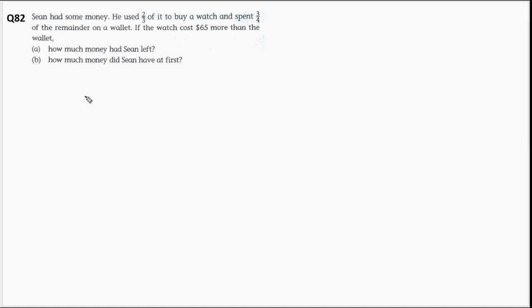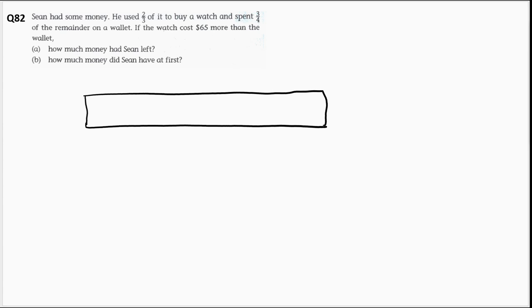Okay, so I am going to draw a bar that represents all of the money that Sean had, and we will label that. So this is all the money.